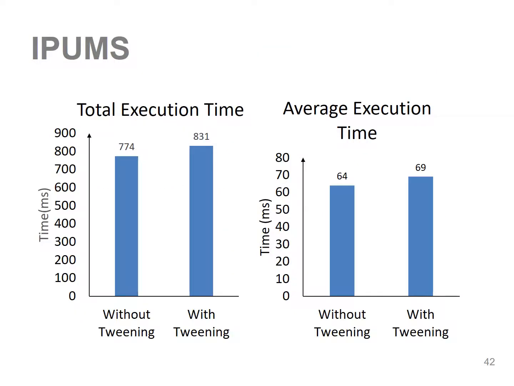For the IPUMS dataset, you can see the total execution time, that is the execution time for the entire query session, without tweening compared to with tweening on the chart on left, where the execution time is given in milliseconds, and the difference in the two is not too high. The average query execution time, which is average execution time per query, is hardly 5 milliseconds more than the without tweening query times at 64 milliseconds.